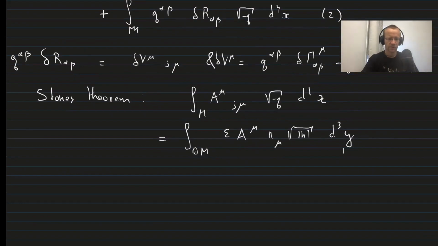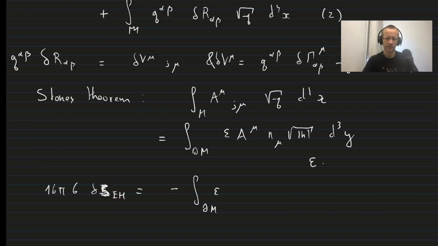Now, using the variation we just computed, as well as Stokes' theorem, as well as the equations of motion, we find that the variation of the Einstein-Hilbert action becomes minus the integral over the boundary epsilon, where epsilon is nothing but, right, I should introduce the symbols.